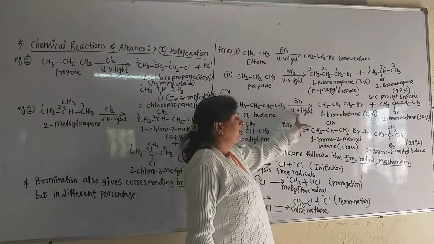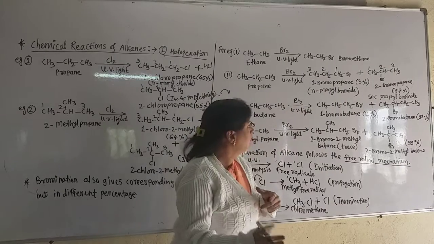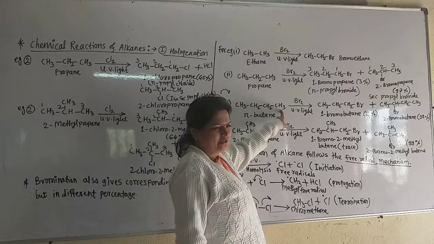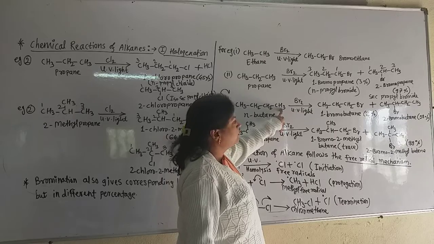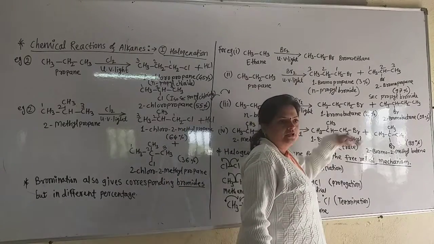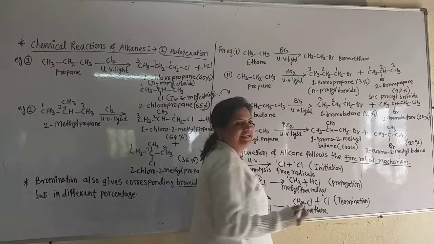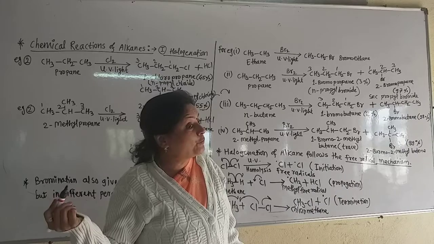Now, in the presence of ultraviolet light and bromine, what happens? One of the hydrogens from the ending carbons, both are the same, is replaced. Here the hydrogen is replaced by bromine. As the numbering is from this side, 1, 2, 3, so it is 1-bromopropane, or normal propyl bromide.